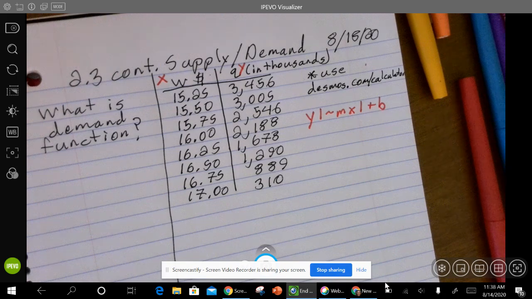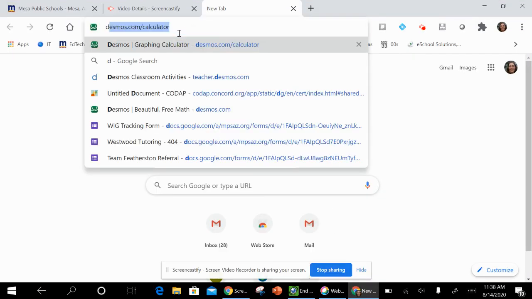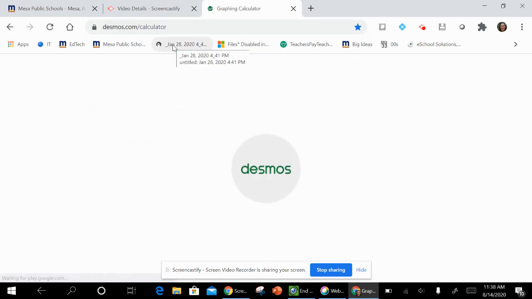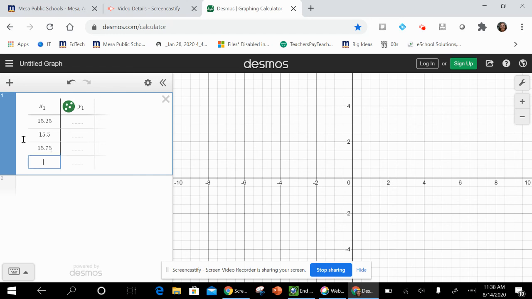So I'm going to show you how to do that. So we're going to put our data in, everybody. So remember to do the plus table, and we're going to go ahead and put all those in. And you do need to be doing this along with me just to make sure that you know how to do this.